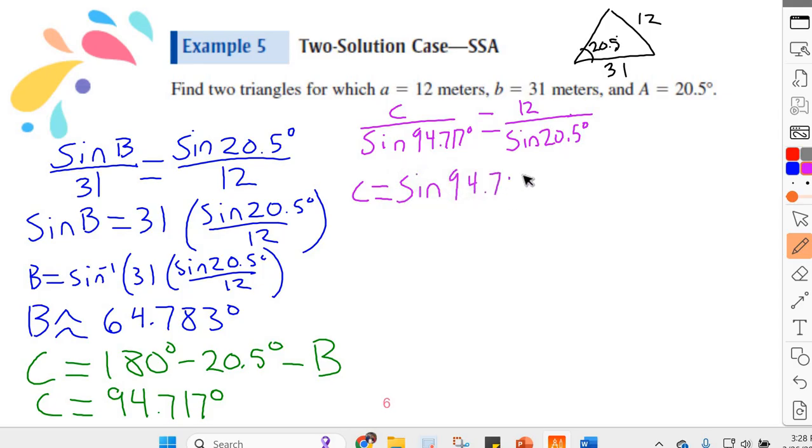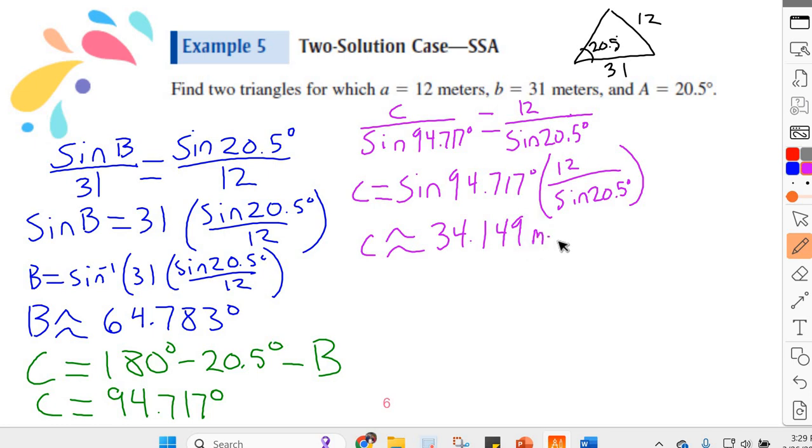And if we plug that into our calculator, what do we get? Yep. 34.149. This time we're in meters. Are we all okay with that? That part was basically just the same as our first one.